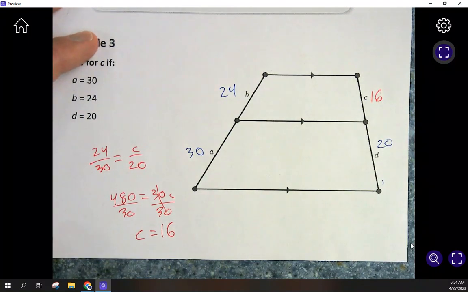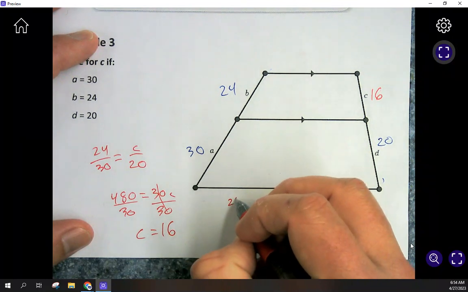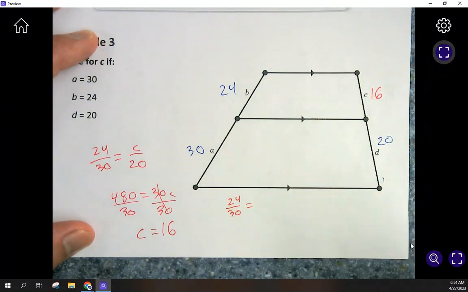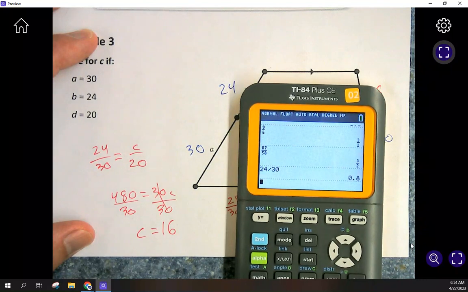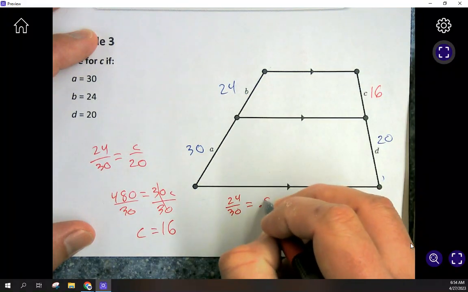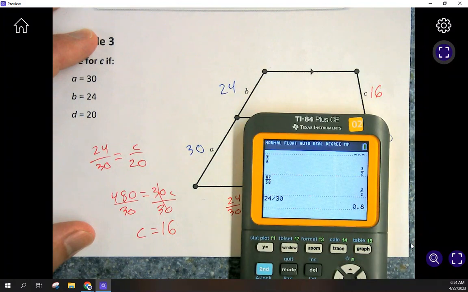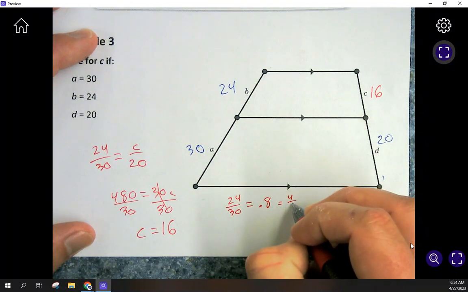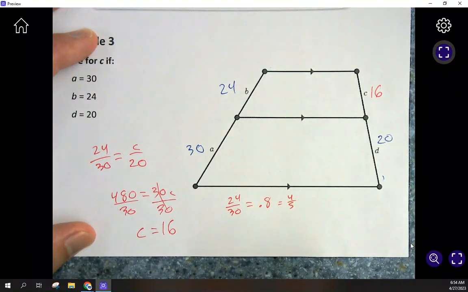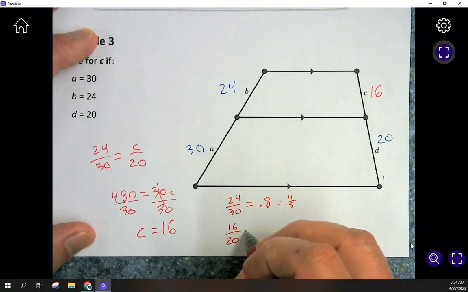You could always go back and test this out and make sure you do get the same thing. So 24 over 30, what would that equal? I could divide. You see it's 0.8. Or I could have simplified and got 4/5. And if these are proportional, I should get the same exact thing with 16 over 20.